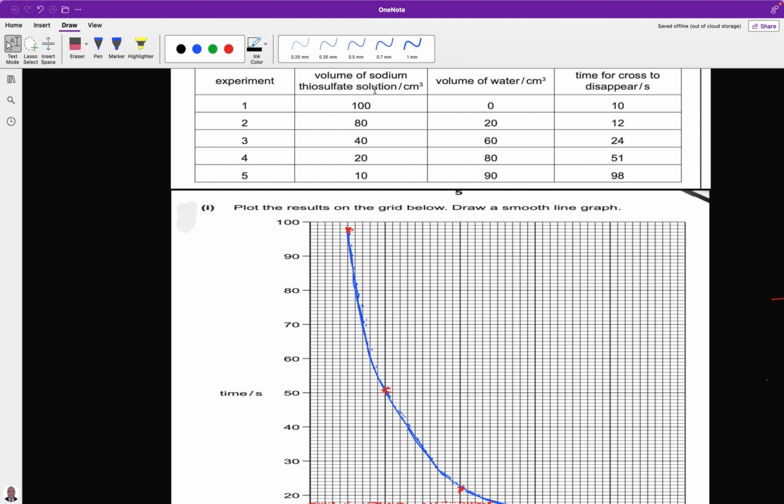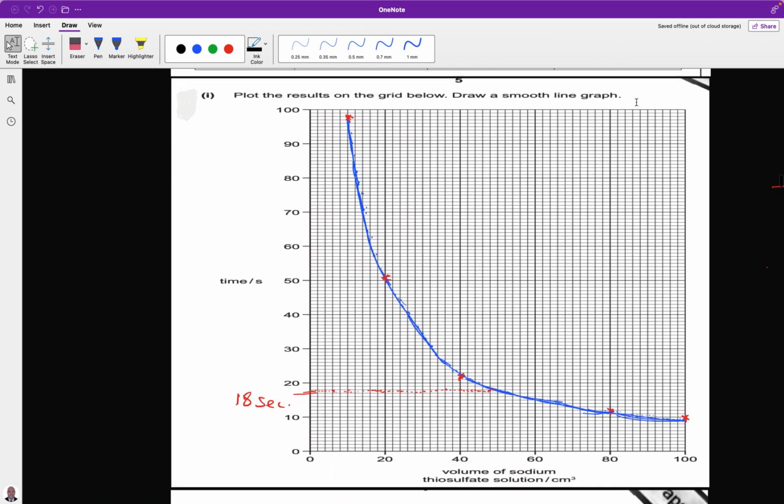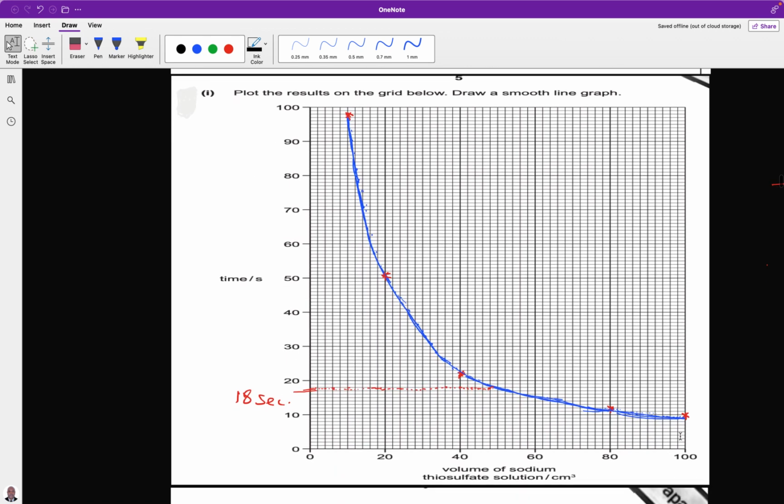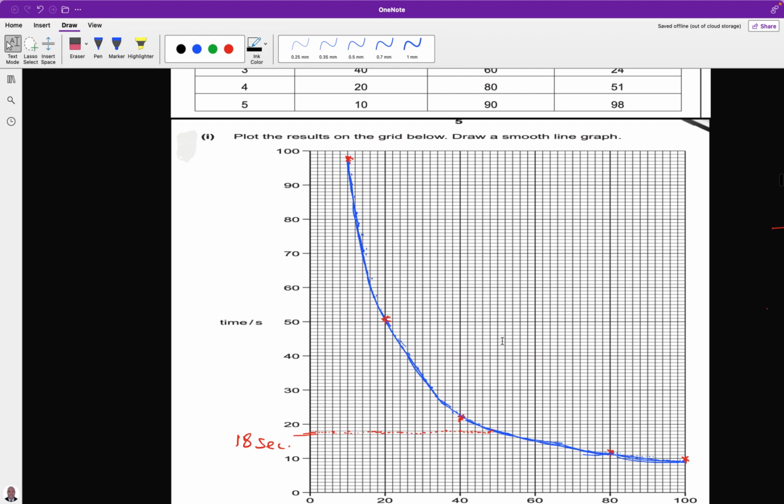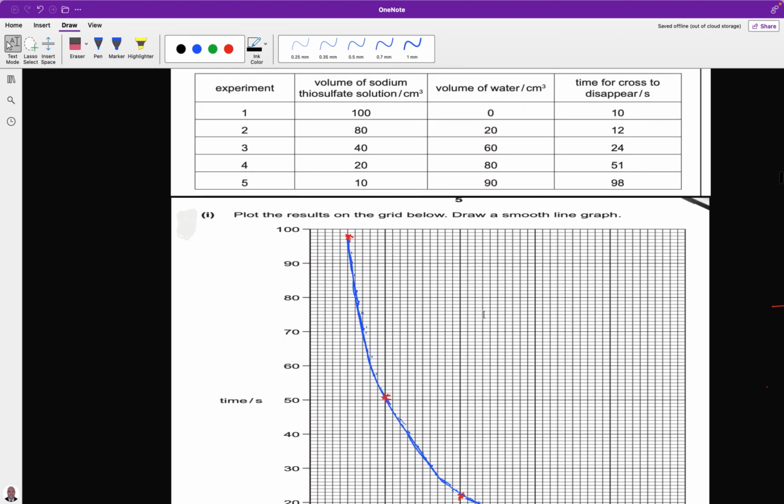So the volume was 100, while the time was 10 seconds. This is 100 here, and this is 10 seconds here. That's how we plot it. Then we'll plot all of them, and the last one, the volume was 10, and the time for the cross to disappear was 98.